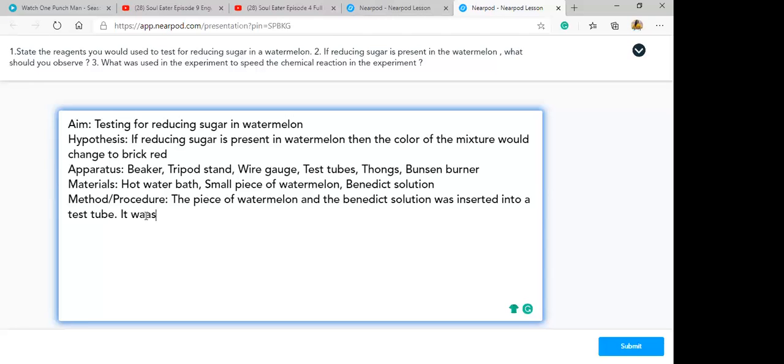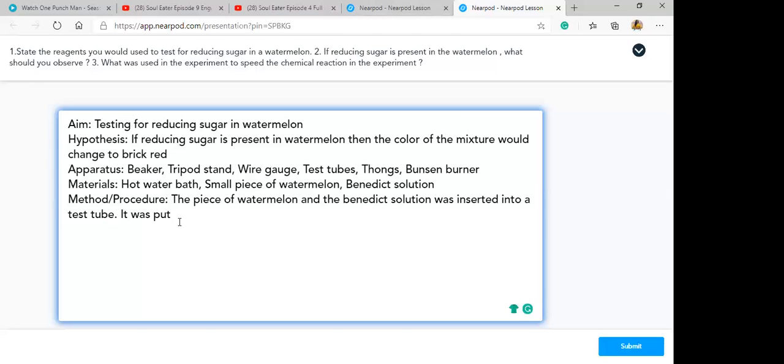Sir, I have to put the whole thing on the Bunsen burner. Put the whole thing, as in the whole? I put in the hot water bath on the Bunsen burner. No, you don't have to say that. You could just say, set up the hot water bath and the tripod stand, and then you continue from there.